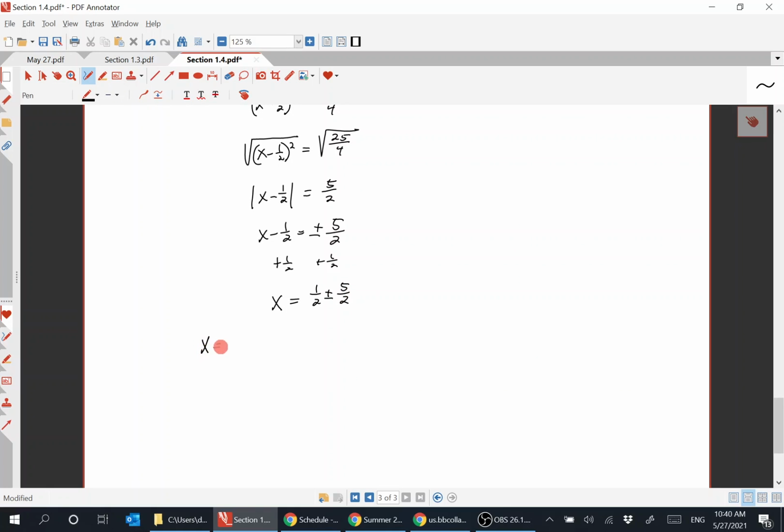So x is equal to 1/2 plus 5/2, or x is equal to 1/2 minus 5/2. 1/2 plus 5/2 is 6/2, which is 3. 1/2 minus 5/2 is minus 4/2, which is negative 2. All right, completing the square. Let's take another example.